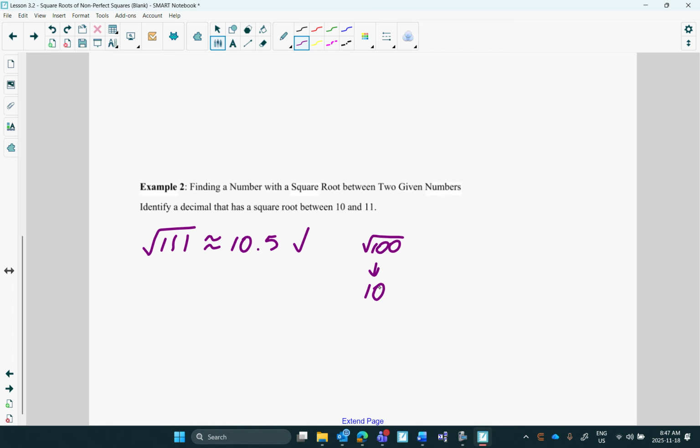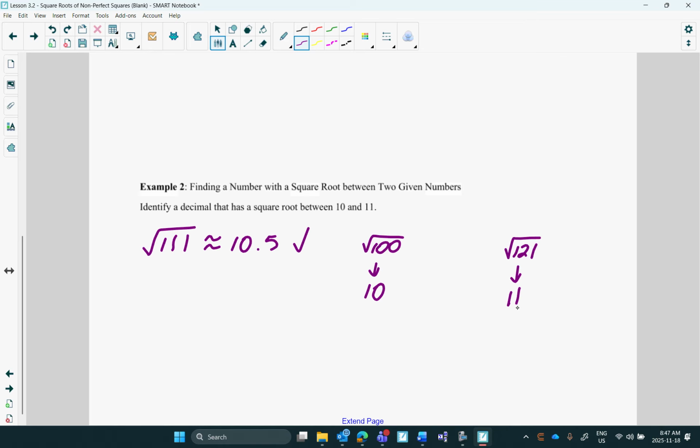Well, I must have to go above 100 to get a square root answer greater than 10. But I can't go as high as the square root of 121, which is 11. So I need to take a square root of some number between 100 and 121. So 111 works.